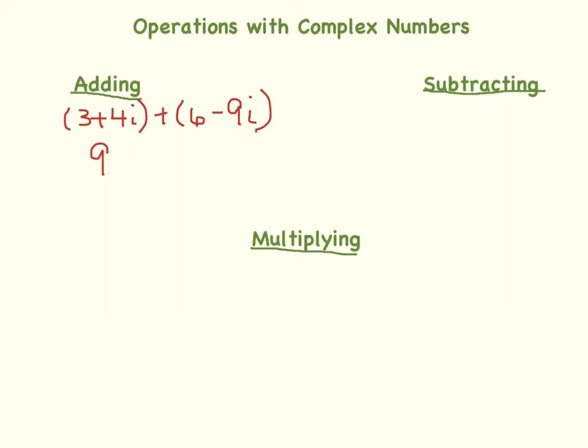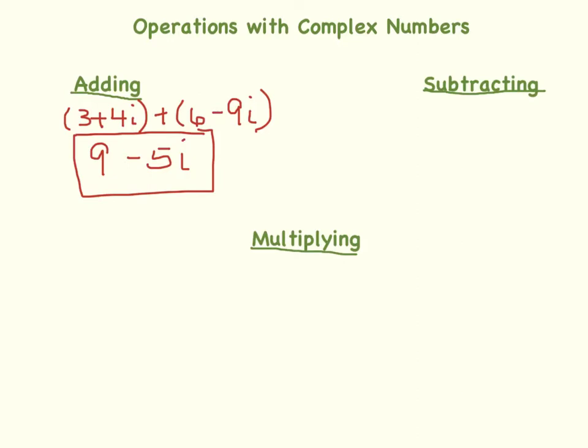Just as we would with variables like x, y, or z, we can add the coefficients, and the i just goes along with it. So I would have 4 minus 9, which is negative 5. So that means 4i minus 9i is negative 5i. So I write minus 5i. And we are done. That's what it takes to do addition with complex numbers.